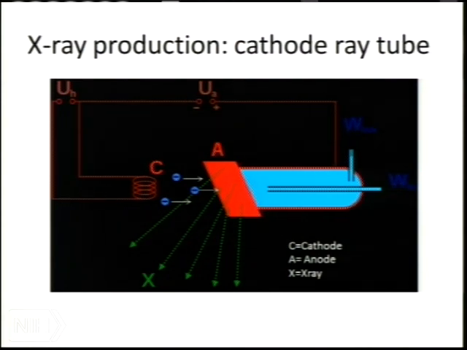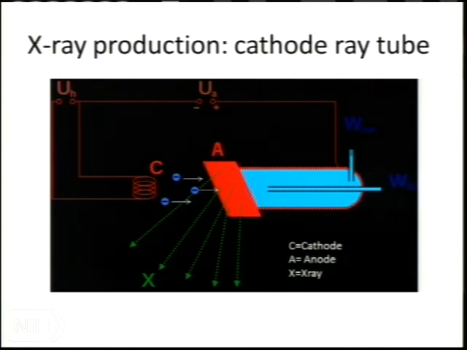And what happens here is that we have a coil that burns off electrons in a magnetic field that sucks the electrons toward an anode, which is the target. And so these electrons accelerate towards this target, hit the target, and produce X-rays. And that's what's coming off.